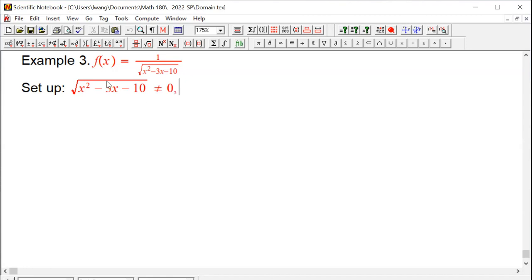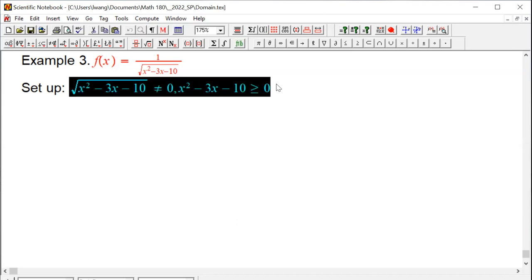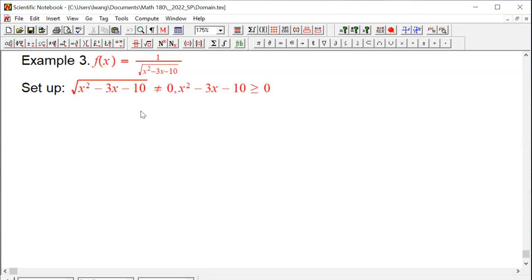And also we have to guarantee that what is underneath the square root has to be greater than or equal to 0. Both conditions combined, we are left with x squared minus 3x minus 10 has to be positive, greater than 0.